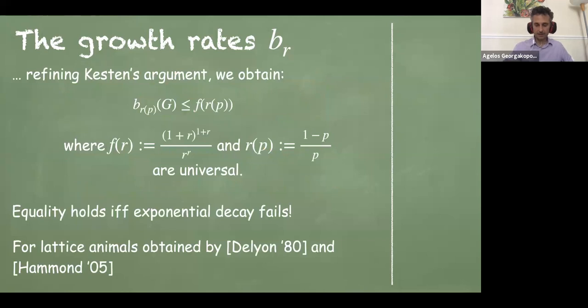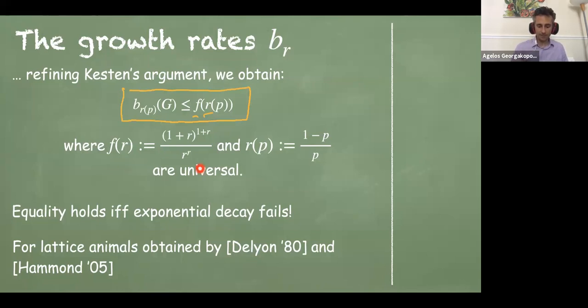All right, and remember Kesten's argument from before, giving us a rough upper bound on alpha. We do something similar, but a bit more elaborate, and we obtain this inequality, where these functions f and r are universal functions, don't depend on the graph at all.